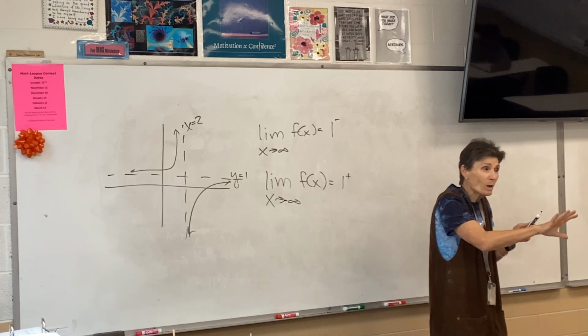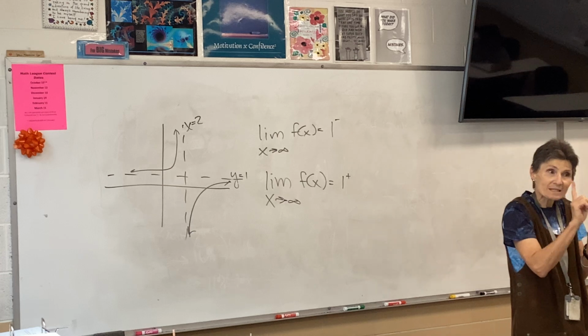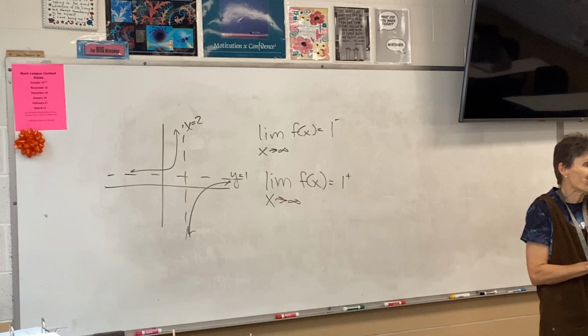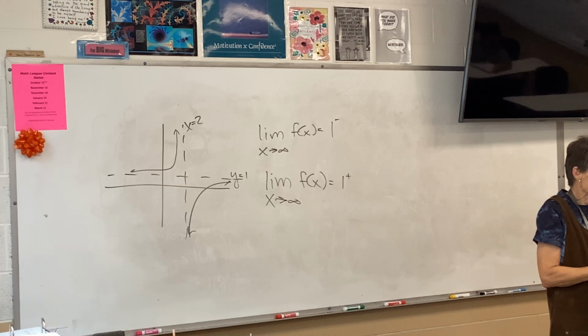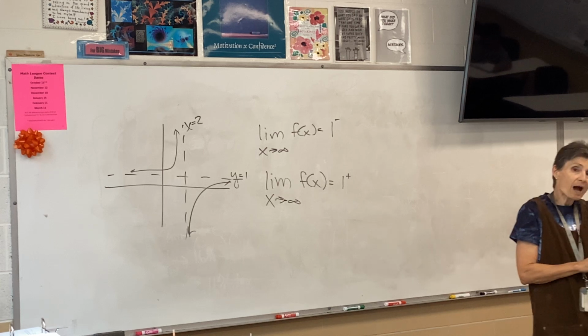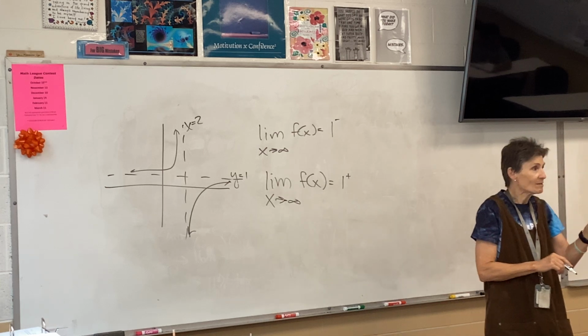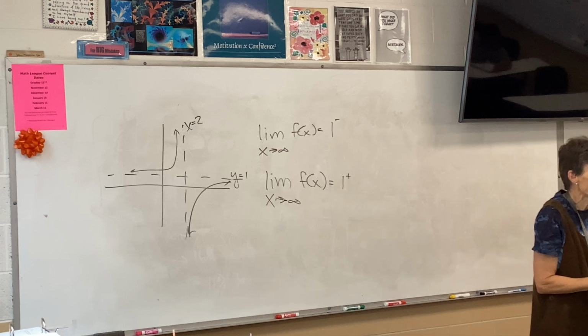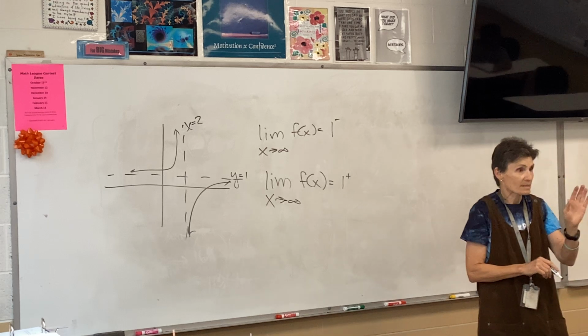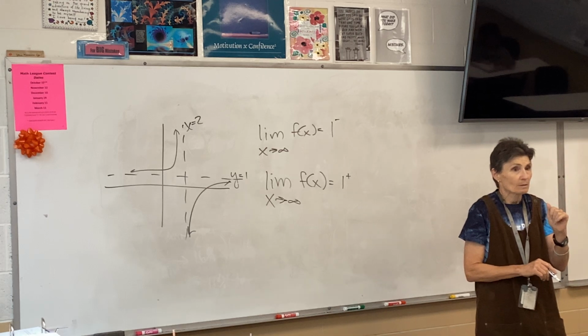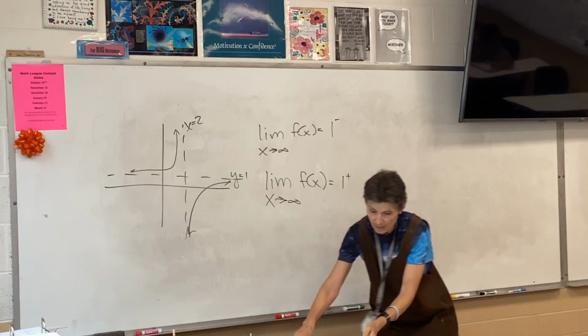If the bottom one is bigger, we still have a horizontal asymptote, but it's at 0. And if the top is bigger, we still have an asymptote, but it's not horizontal, it's a slant. Right? Okay, so here we go.